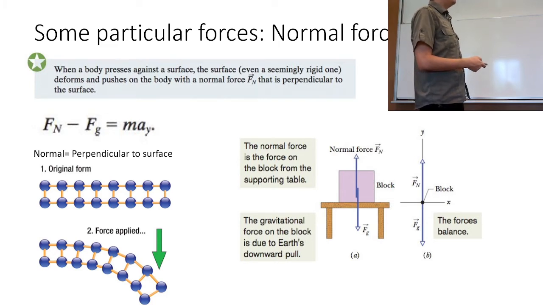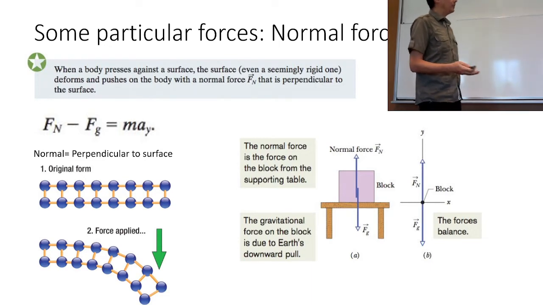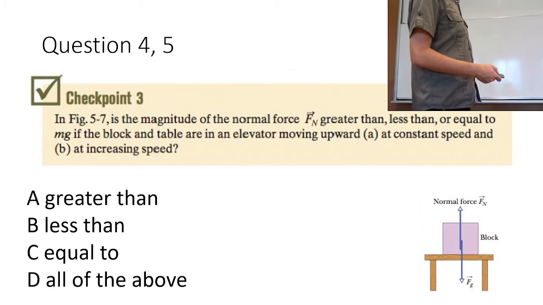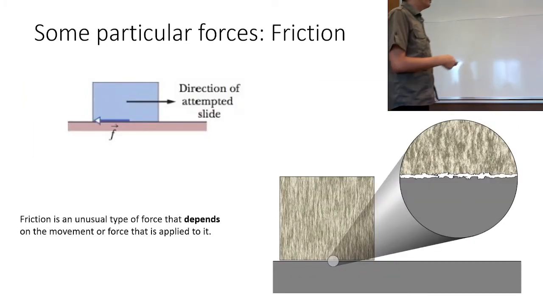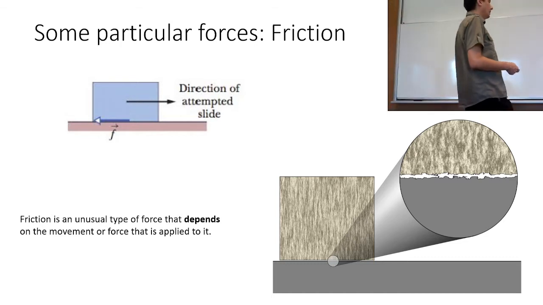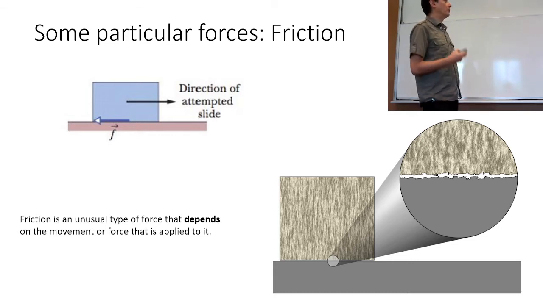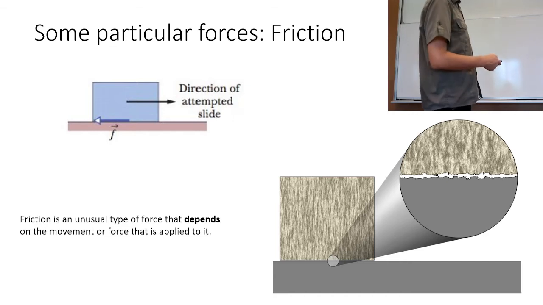So this means that if you put a block on a table, there's gravity force down, but there's another force upwards which is preventing it from falling down. Friction is another force that we'll look at more in a different chapter, but it's a force to oppose the motion of an object. So if you're trying to slide it, then there'll be a force to resist that.